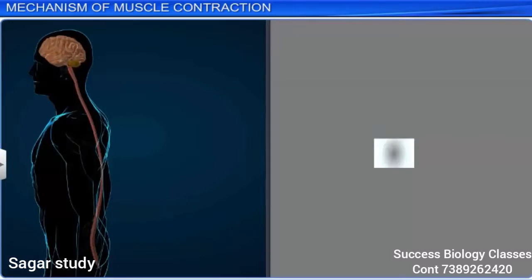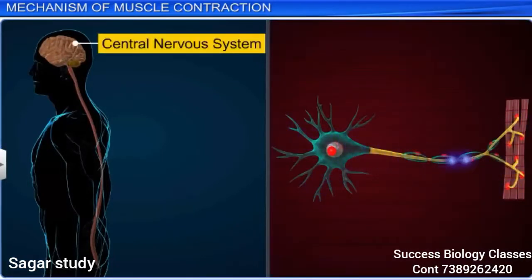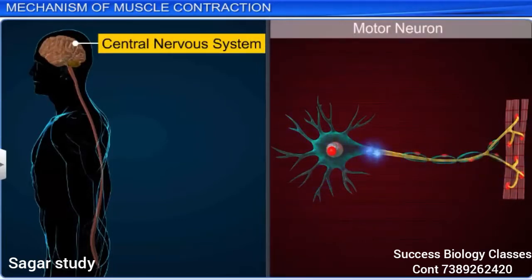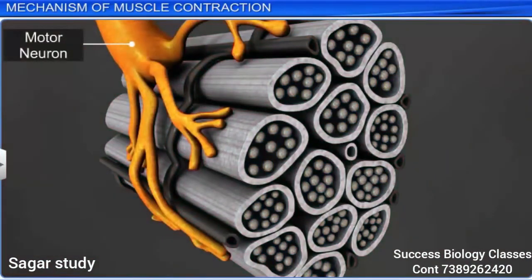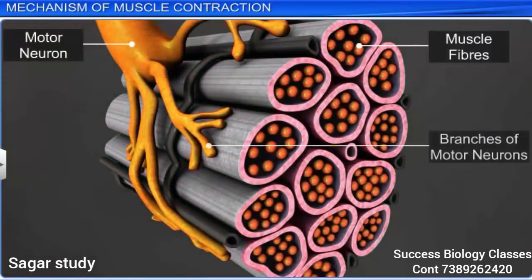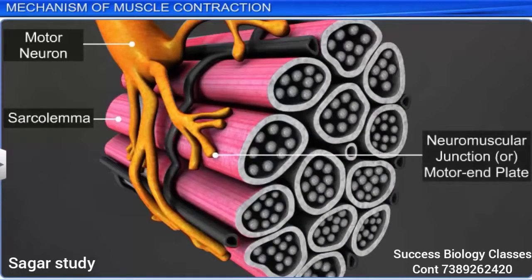To start a muscle contraction, the central nervous system, or CNS, sends a signal via a motor neuron. The motor neurons, along with the connected muscle fibers, form a motor unit. In fact, the junction between a motor neuron and sarcolemma of the muscle fiber is called the neuromuscular junction or motor end plate.